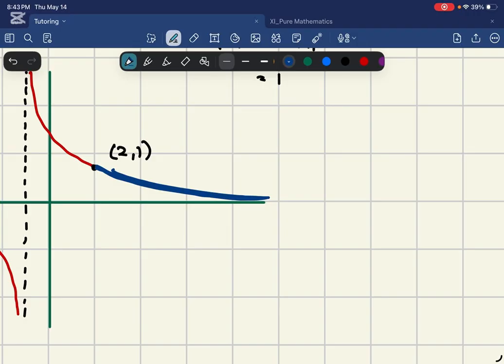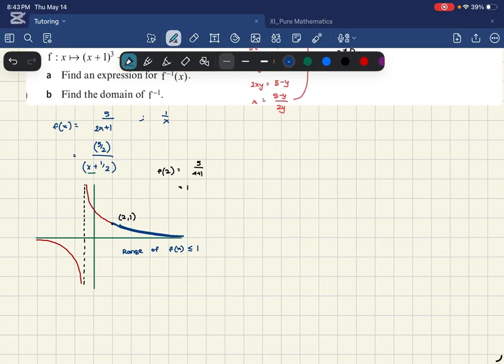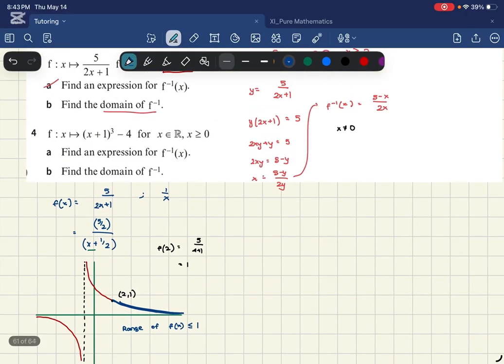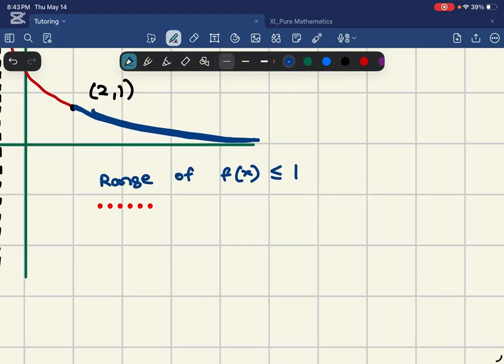So now we know that the range of f of x is that f of x is less than or equal to positive 1, right? Because it's this part. So the range of f of x for x bigger than or equal to 2 is that f of x is less than or equal to positive 1.